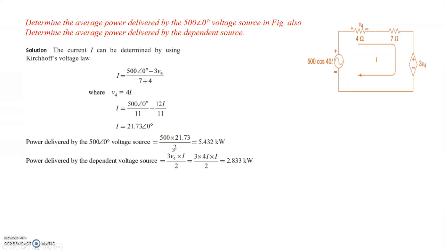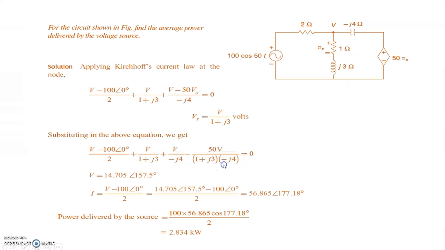Vm by root 2 is the RMS value of voltage, and Im by root 2 is the RMS value of current. Here a simple KVL equation can be written. From this we can find the value of V4, and the current can also be solved. Now the power delivered by this is either Vrms into Irms or Vm into Im by root 2, so you can verify the answer here. The power delivered by the dependent voltage source can also be written.